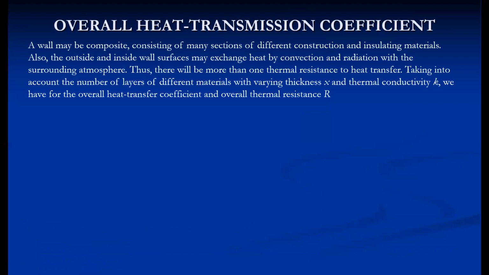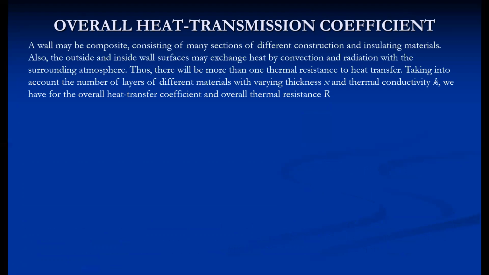Then another terminology is the overall heat transfer coefficient for a wall. Generally, our construction wall mainly consists of a composite wall, with many sections of different construction and insulating materials. Also, outside and inside wall surfaces may exchange heat by convection and radiation with the surrounding atmosphere.